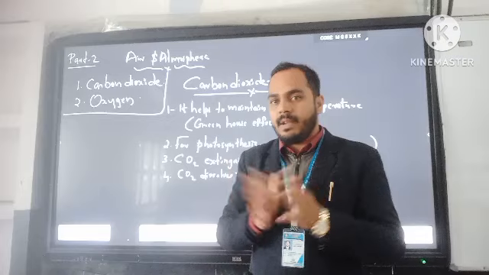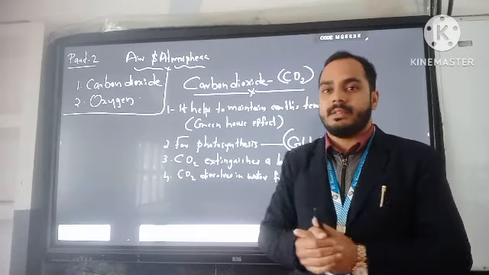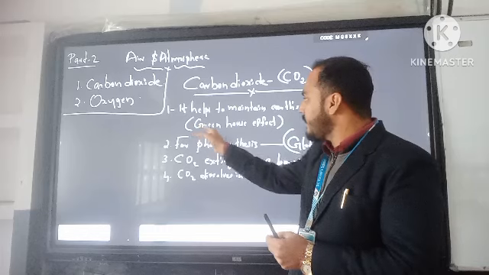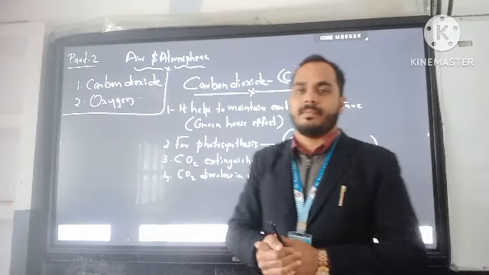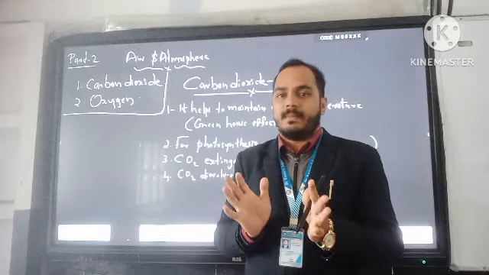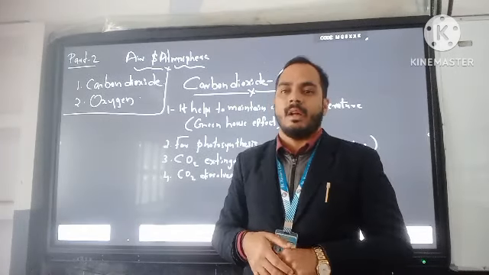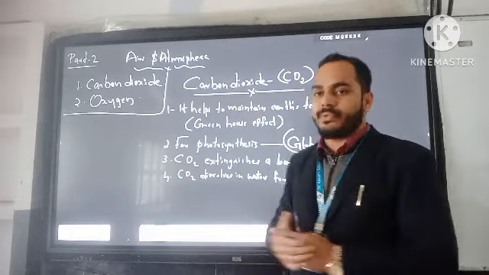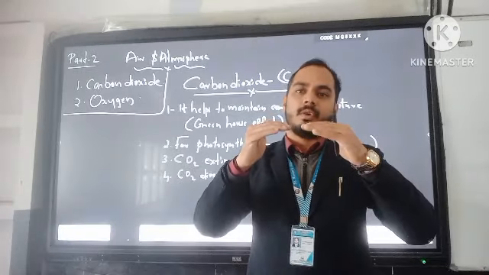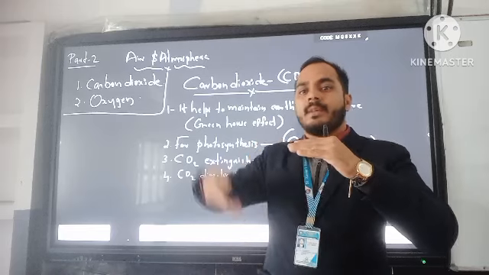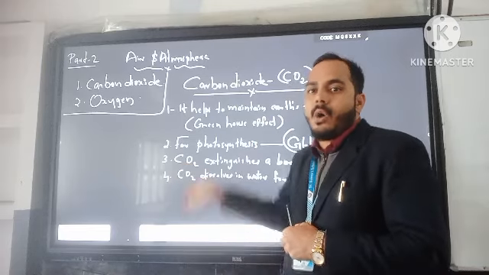Very simple. Once again I will explain this topic. It helps to maintain the earth's temperature. Simply we can say this is the greenhouse effect. What is the greenhouse effect? The solar radiation comes towards the earth's surface, and with the help of carbon dioxide gas, it is prevented from re-emitting from the earth's surface to outside.